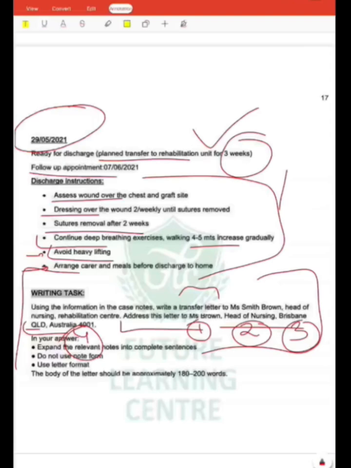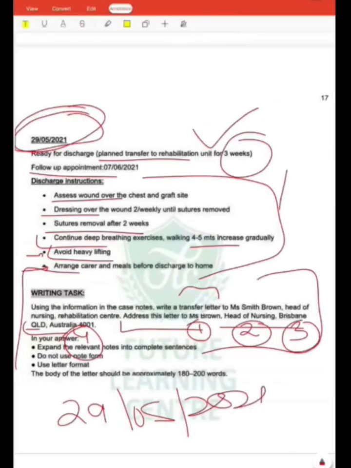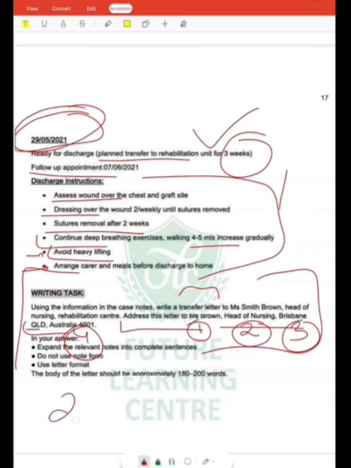After that you will write the latest date or today's date, which is 29 5 2021. You can write it as it is, or if you want, in another pattern you can write 29 May 2021.